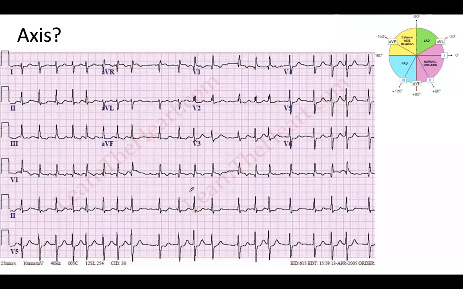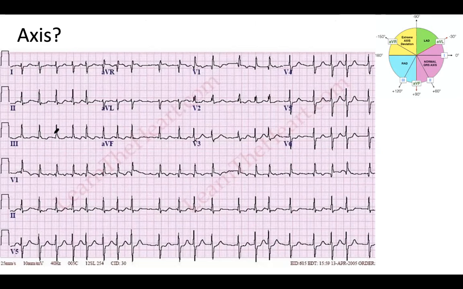Can anyone tell me the axis of this one? A bit more tricky. Oh my gosh, well done. You guys are so good. So it's right axis deviation and spot on 120 degrees and positive. So we'll go through it now.